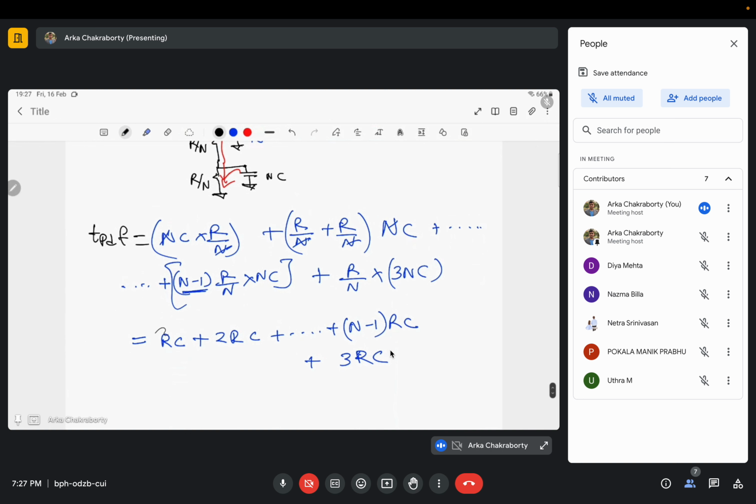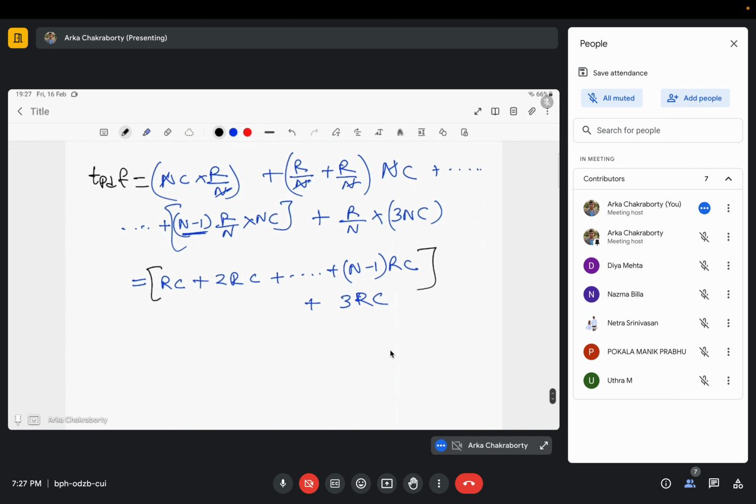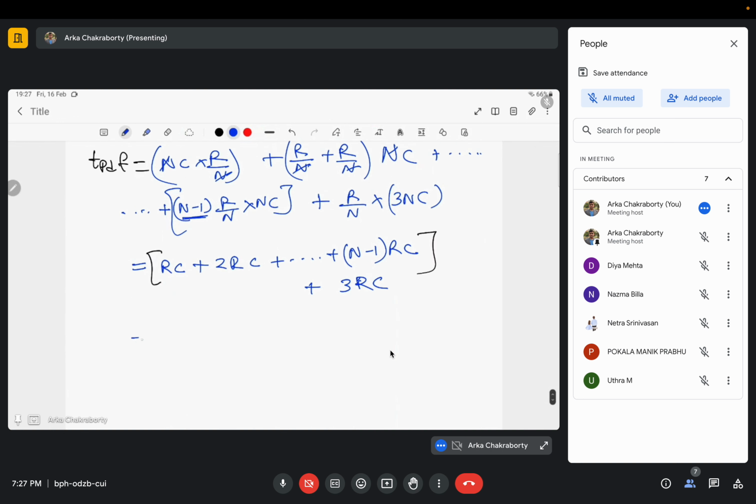Now what is this? This is the sum of an AP, arithmetic progression. From school days you are studying it. What will be the formula for the sum of an AP? Anyone? It is n by 2 into a plus an, or n by 2 into 2a plus n minus 1 into d.